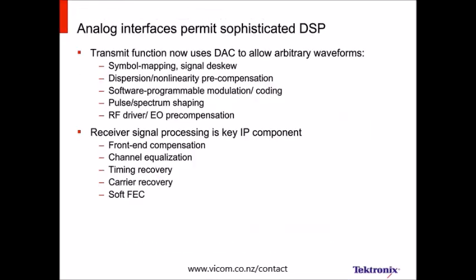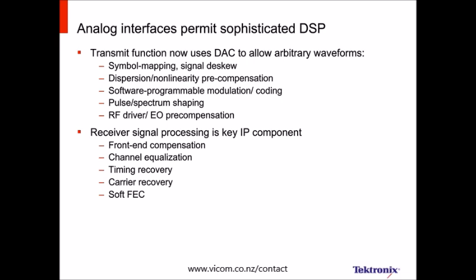Okay, and then obviously in order to pull this off, there has to be a lot of signal processing both on the transmit side as well as the receive side. We're used to thinking about all the receive side equalization and maybe doing a little bit of pre-compensation on the transmit side.